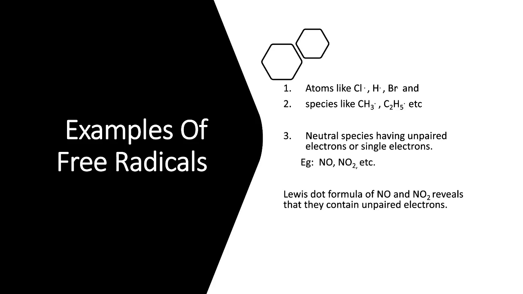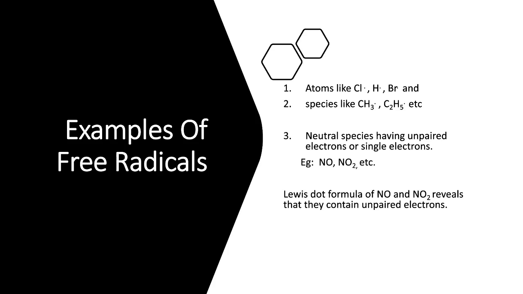Similarly, sometimes neutral species having unpaired electrons or single electrons also act as free radicals. They are not charged species, this is a neutral molecule, but in the structure they contain an unpaired electron.